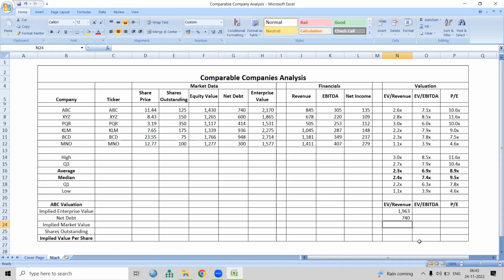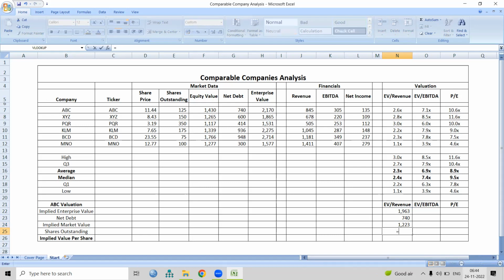So let's put this equation: is equal to N22 minus the debt value, enter. We get the implied market value, 1,223.